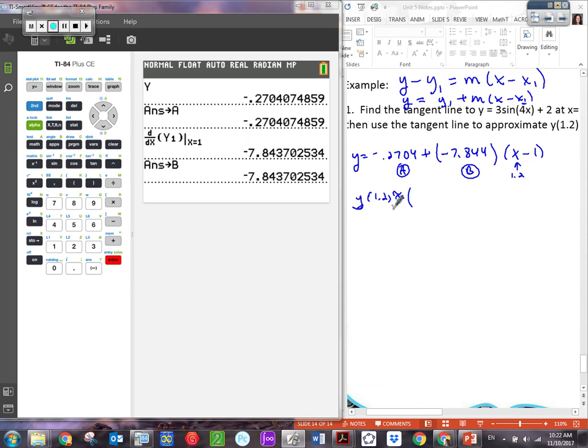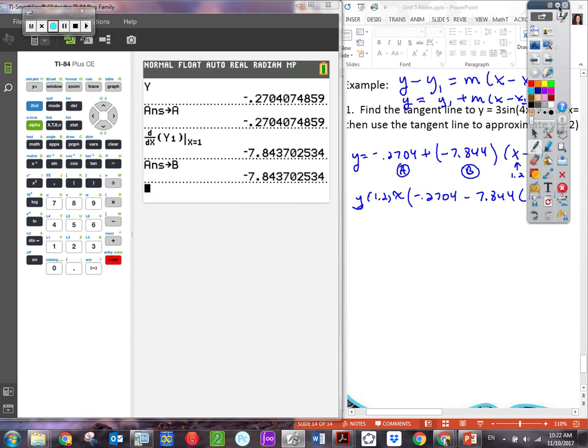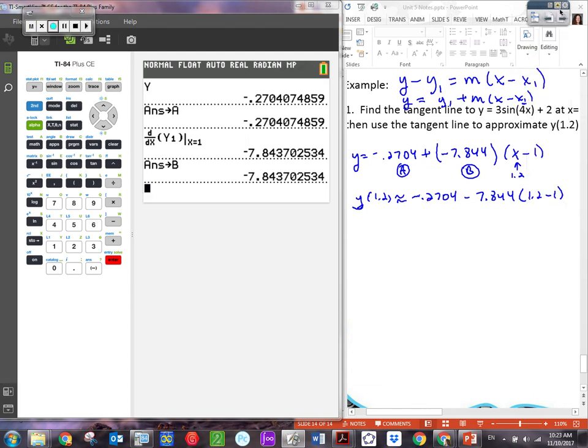Okay, so y1 of 1.2 is approximately negative 0.2704 minus 7.844 times 1.2 minus 1. Okay, so that's what we have. Just this calculation that we need to do.